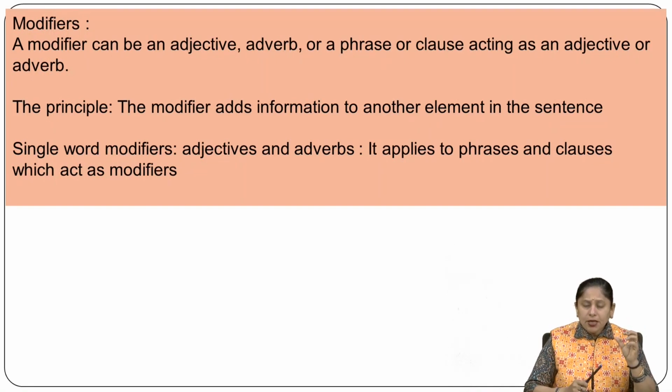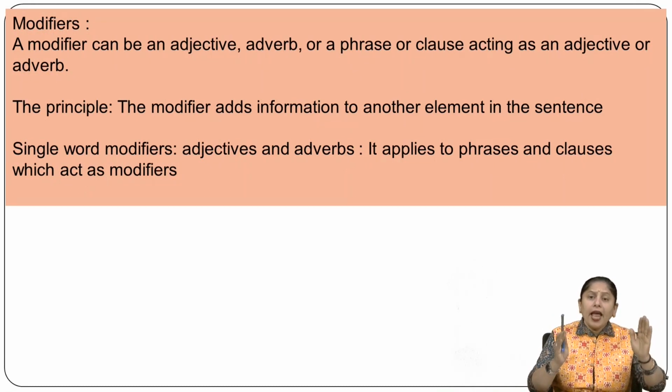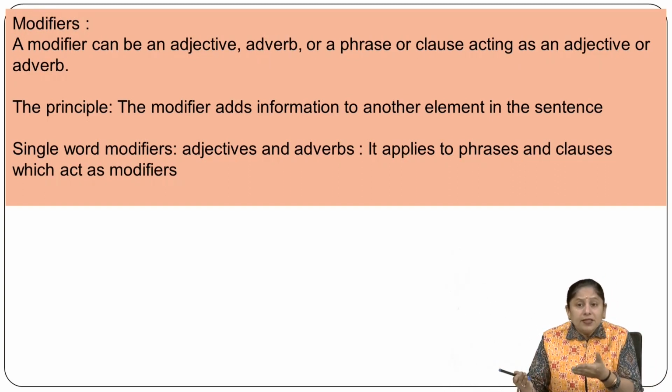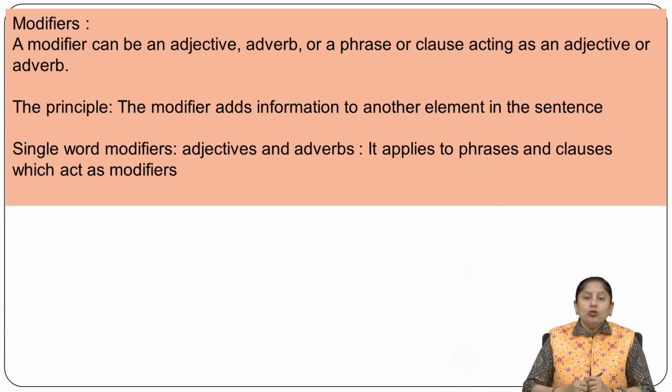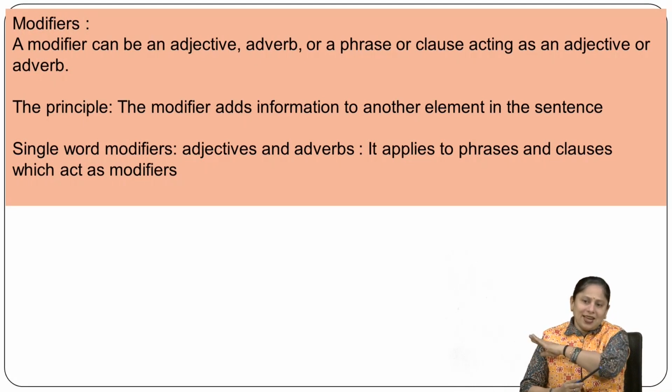The modifier adds information to another element in the sentence. The principal, in the sense, the main sentence. When the whole modifier adds something more about the main sentence, it could be utilized as a phrase or clause. For example, we can say, she is the girl who stood first in the class.